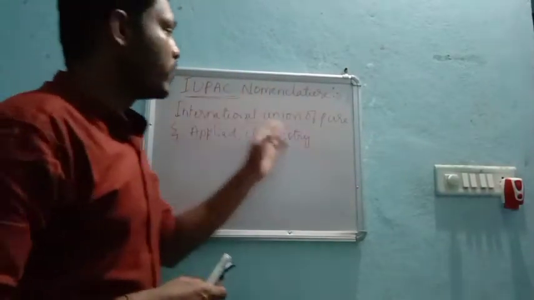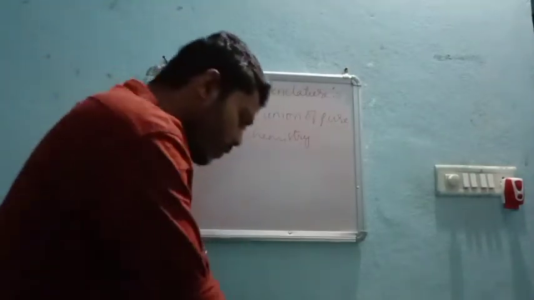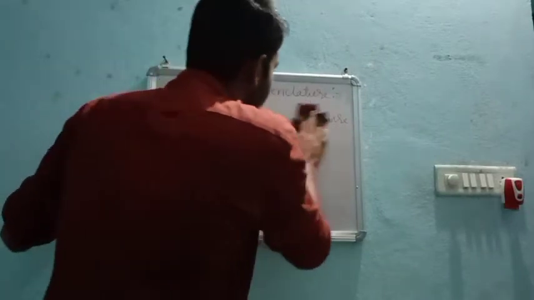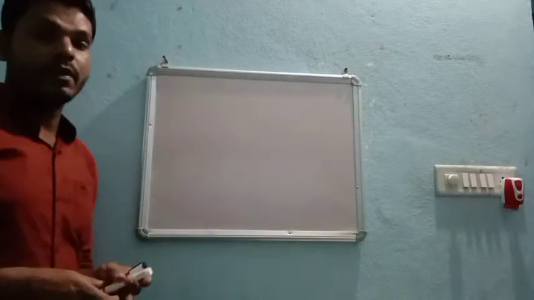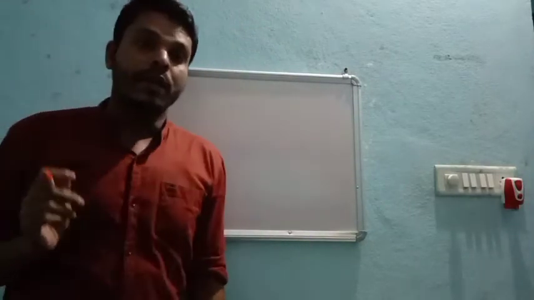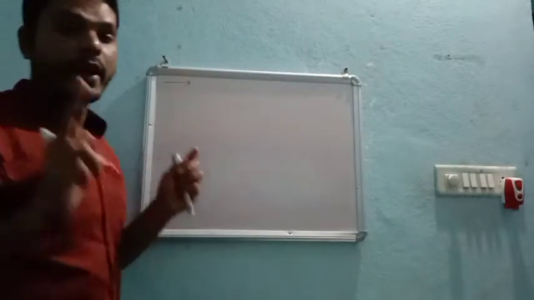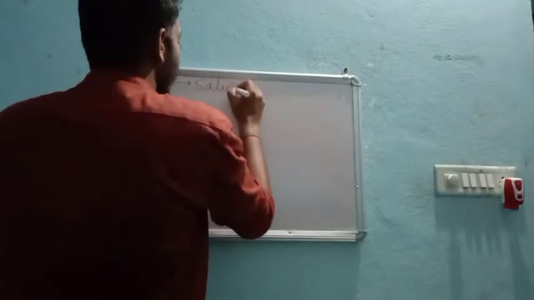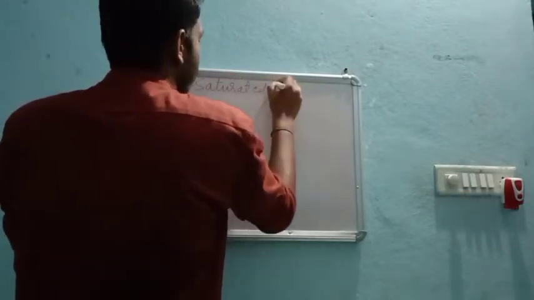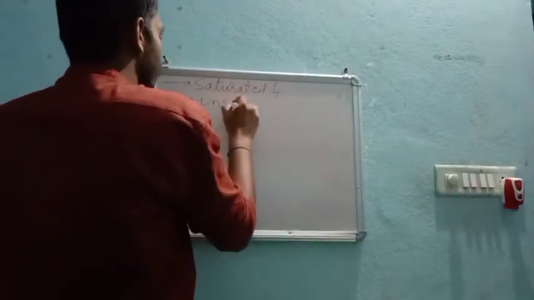So, International Union of Pure and Applied Chemistry. To understand this type of nomenclature, IUPAC nomenclature, we require the basics I taught in the last videos. See, again I repeat, organic compounds are divided into two main groups: saturated and unsaturated.